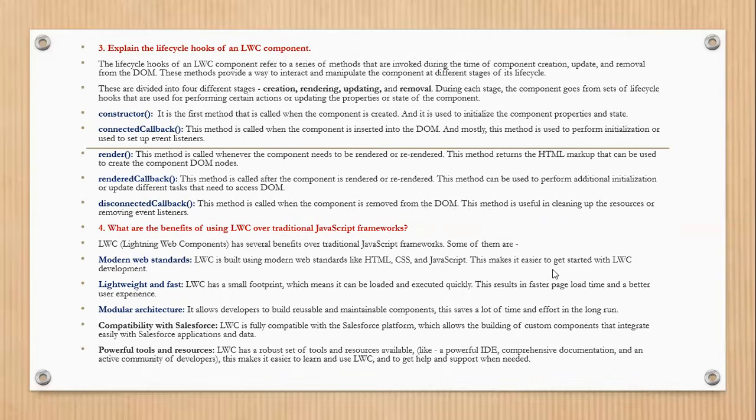This makes it easier to get started with LWC development. Lightweight and fast: LWC has a small footprint, which means it can be loaded and executed quickly. This results in faster page load time and a better user experience.